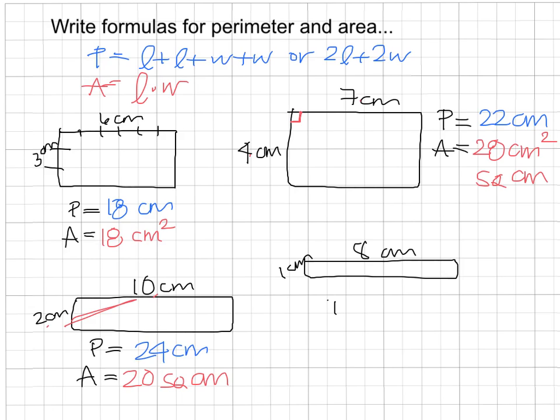Looking for the perimeter and the area. Perimeter, ladies and gentlemen, when we walk around, is going to be 8, 9, 17, 18 centimeters. Area, we can look at 1, 2, 3, 4, 5, 6, 7, 8. 1 times 8 is going to give me 8 square centimeters.